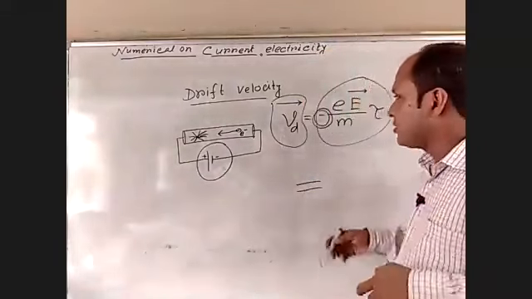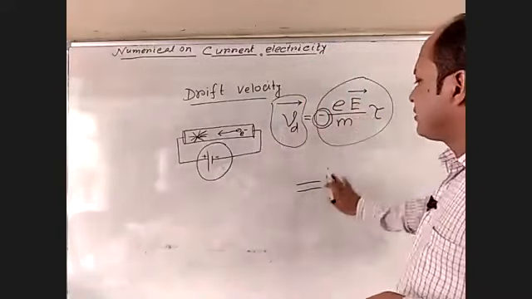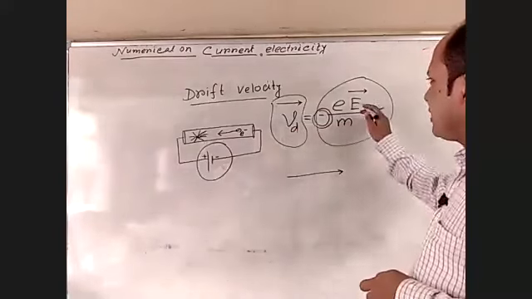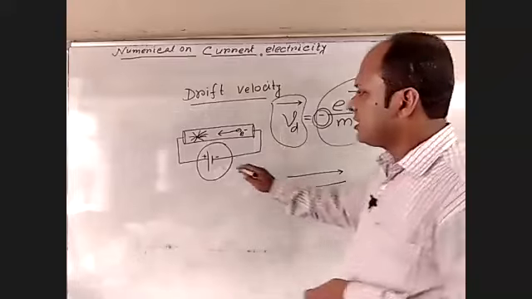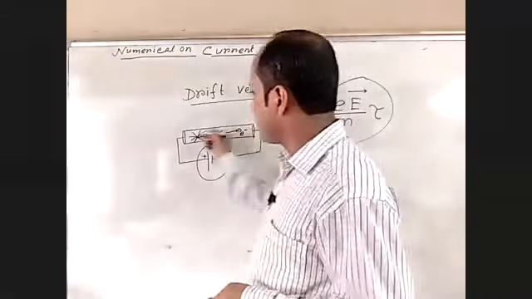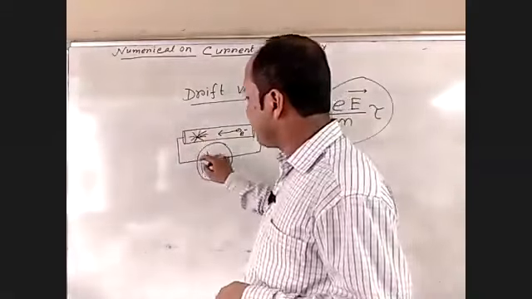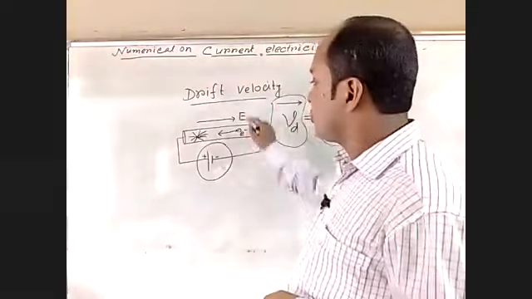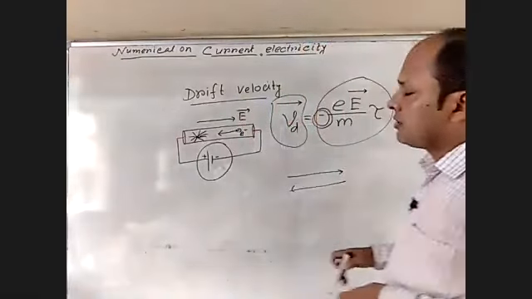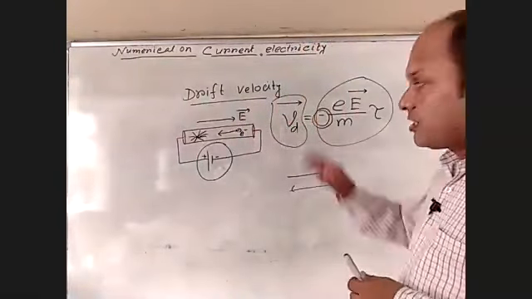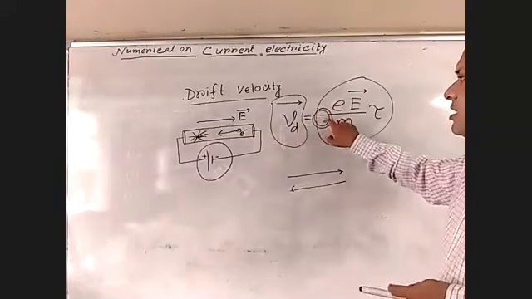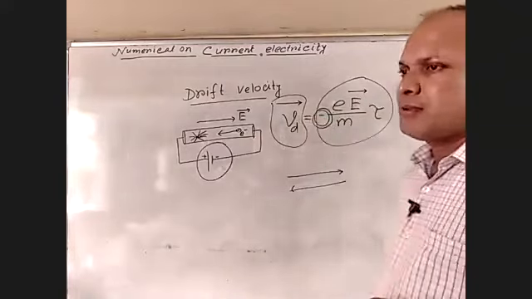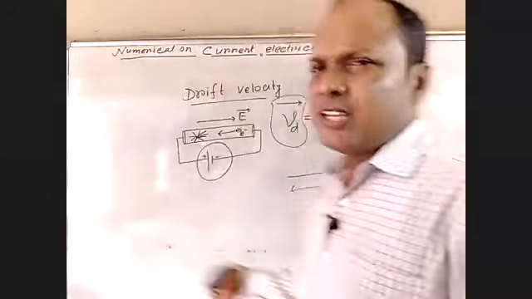Opposite direction in between drift velocity and electric field, because electrons are moving in this way and the electric field is in the opposite direction. So the motion of the electron and the field are in opposite directions. That's why the minus sign is there, which indicates that this and this are not in the same direction. Clear?